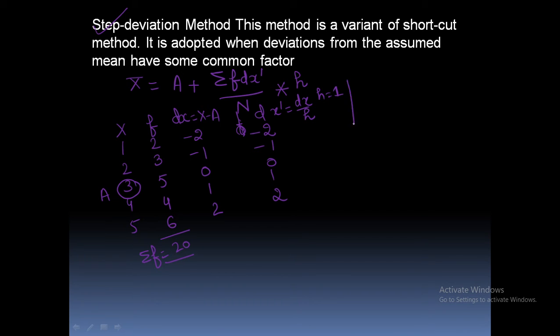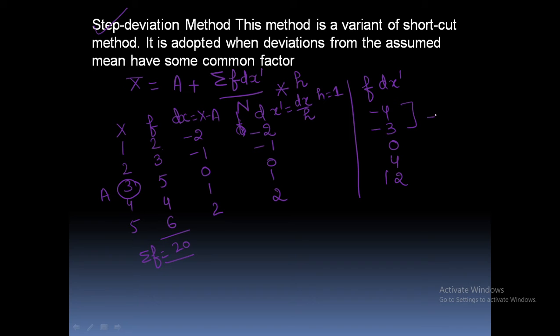Now after this you can multiply f dx dash. Minus 2 multiply 2, minus 4. Minus 1 multiply 3, minus 3. 0. 4 ones are 4, 6 2s are 12.